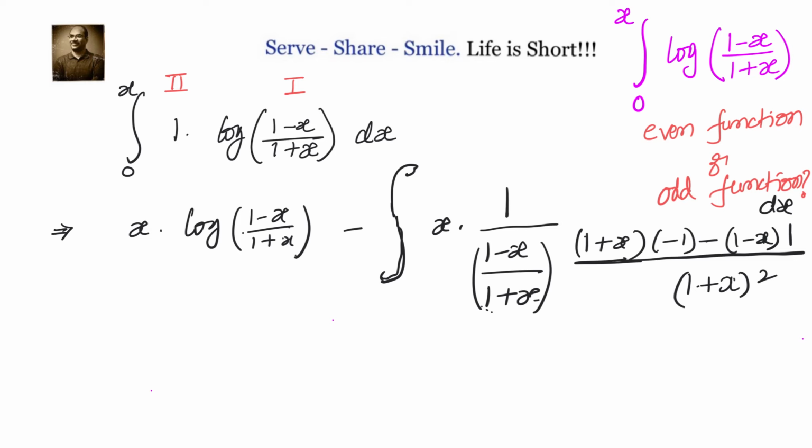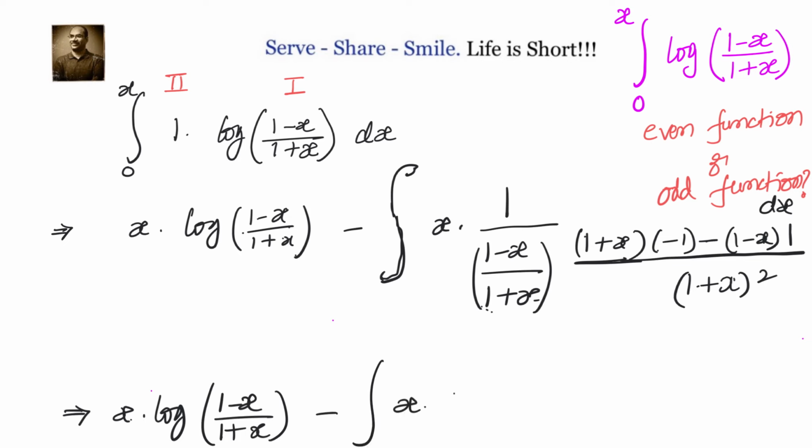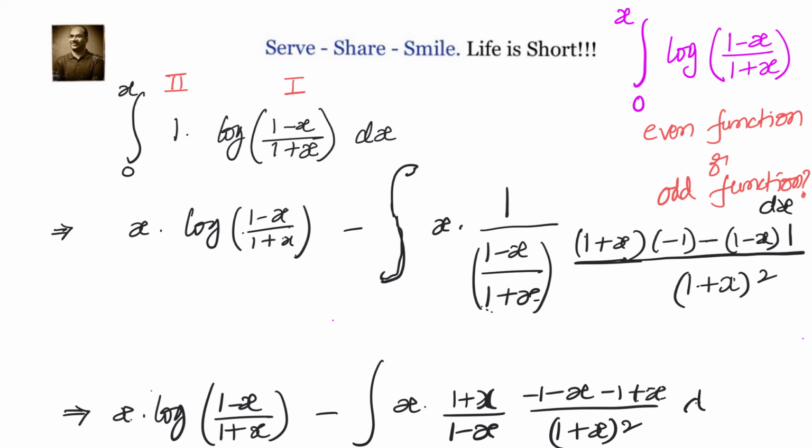Now let us simplify this. We will have the first term as it is, x into log of (1 minus x) by (1 plus x), minus the integral of x into (1 plus x) by (1 minus x), multiplied with, when we simplify the numerator, minus 1 minus x minus 1 plus x. x and x will cancel, and in the denominator we'll have (1 plus x) whole square.